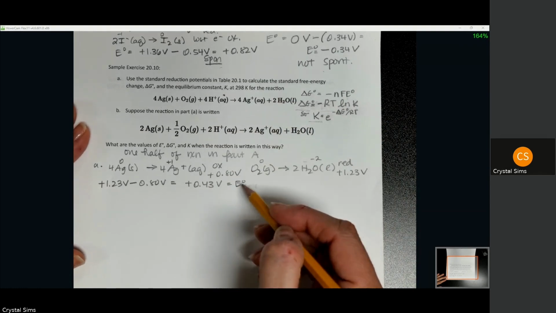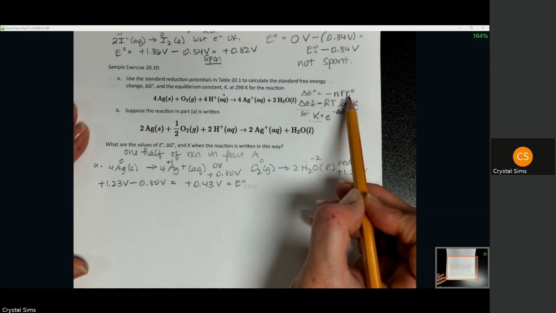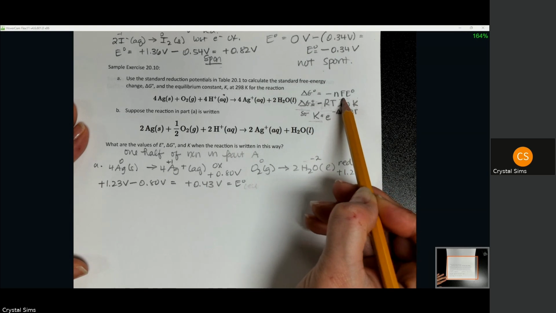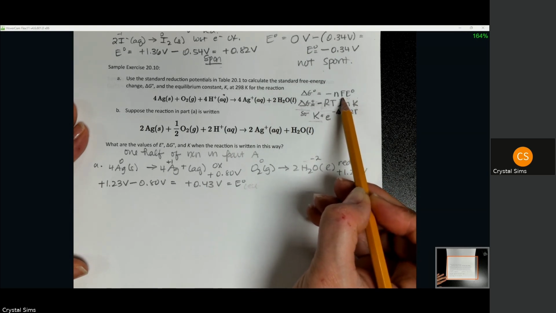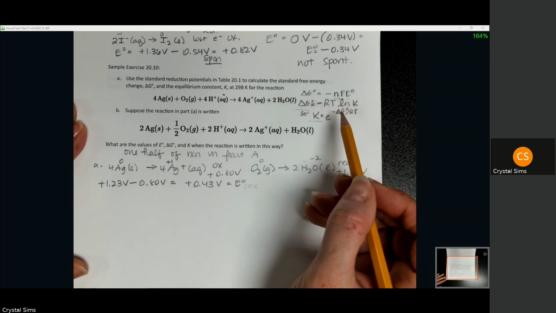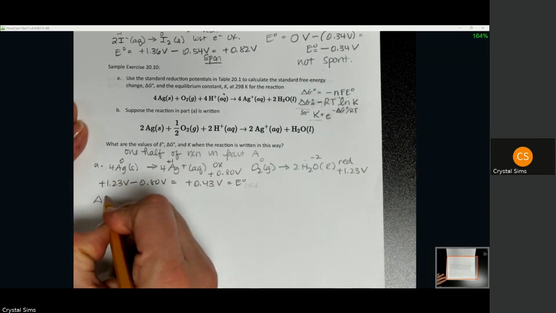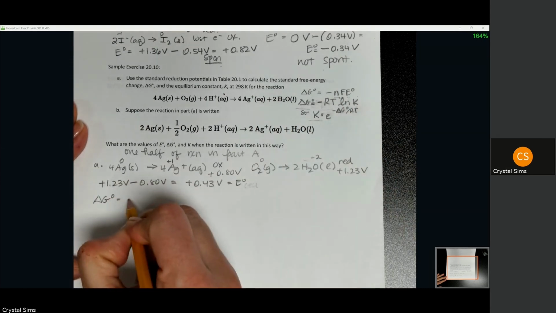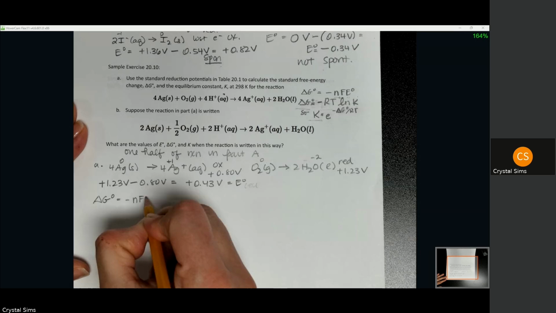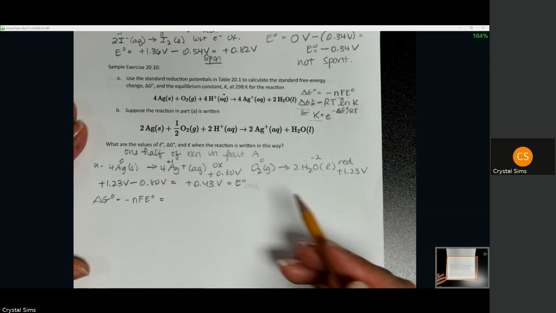Okay, so now I'm going to use this top equation here, plug in my cell potential. I know Faraday's value here is a constant. N refers to the number of electrons transferred. So let's get our formula set up here. So how many electrons were transferred?